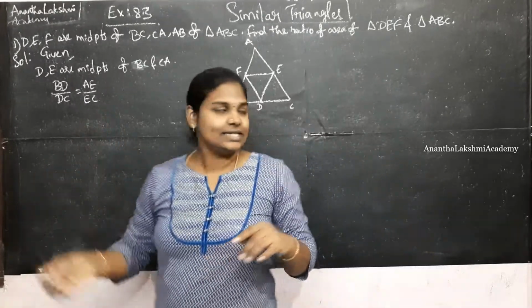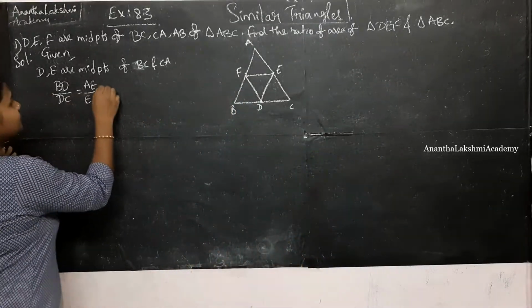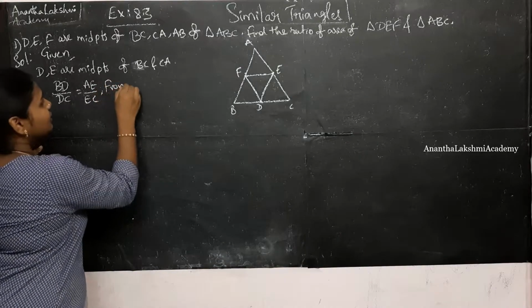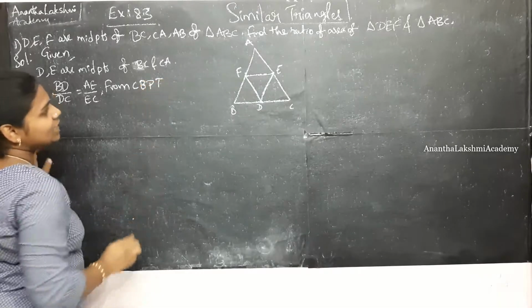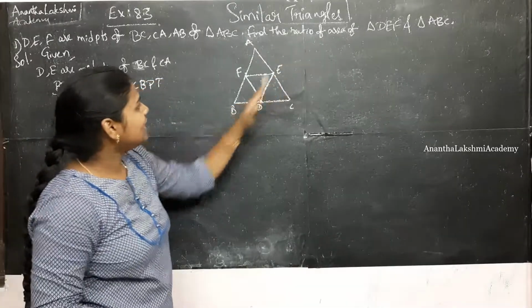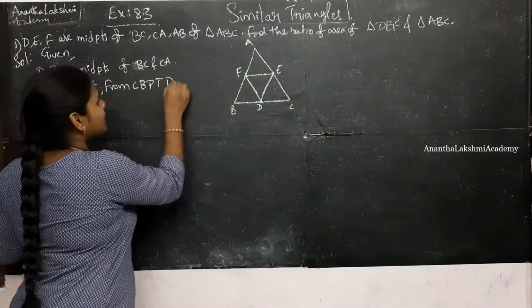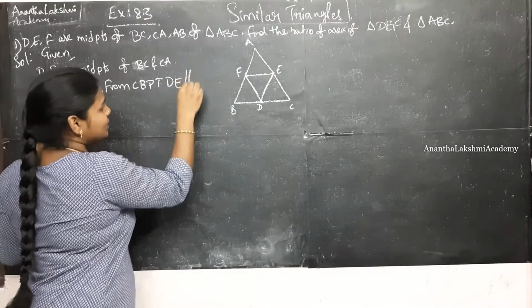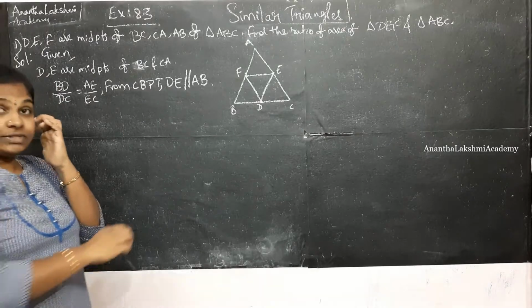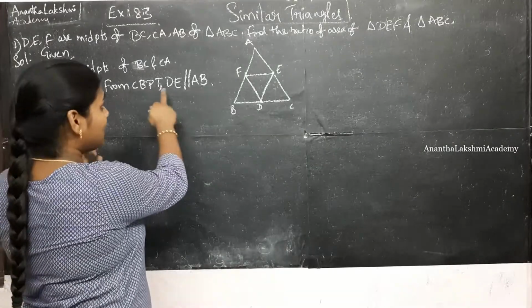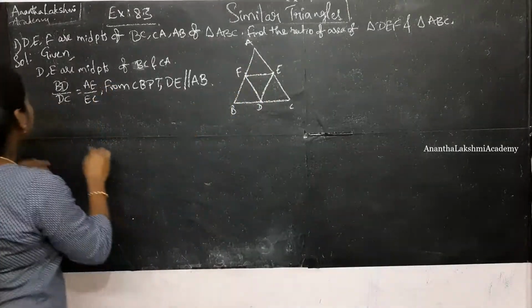So according to this, from CBPT, what is CBPT? Converse of basic proportionality theorem. What can I write? DE is parallel to AB. Okay, from converse of basic proportionality theorem, I wrote it as DE parallel to AB.